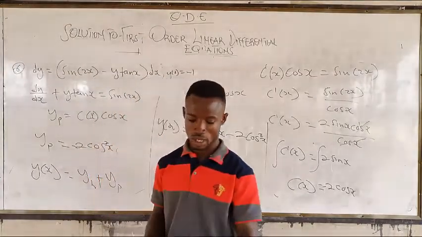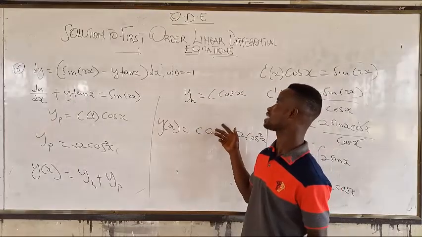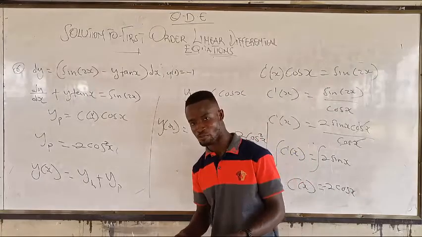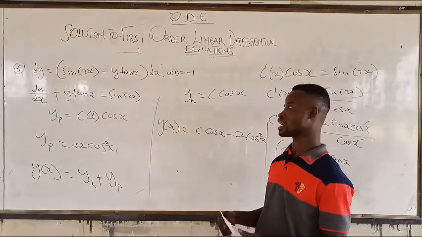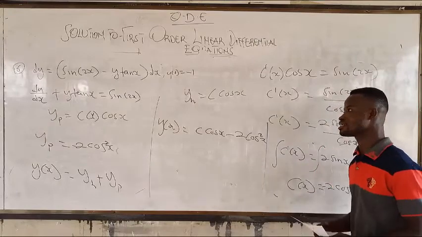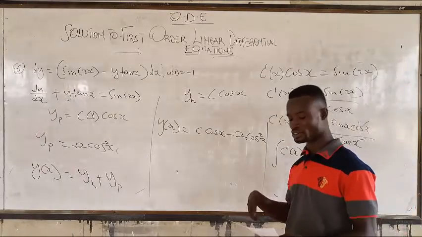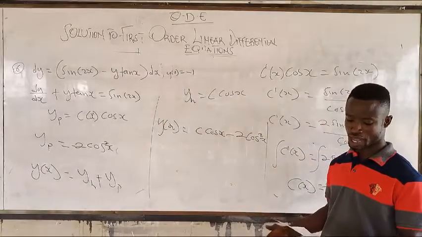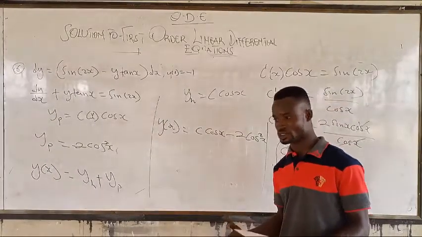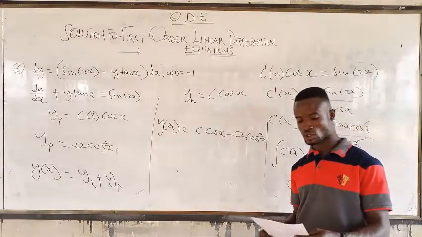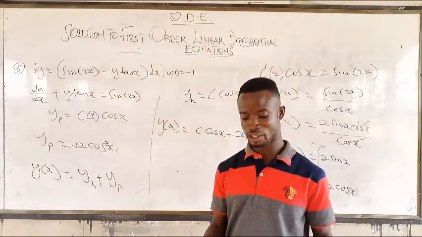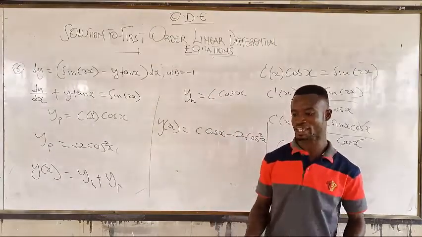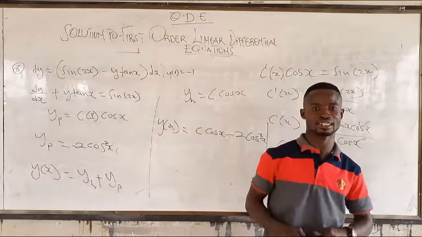And don't forget that method 1 is called undetermined coefficients, that is when it is in non-homogeneous parts and you have to find the general solution. Alright. Method 2 is using the integrating factor to find the general solution. So we'll be looking at it in the next video.